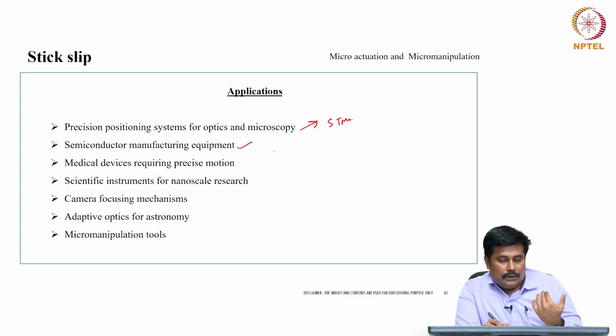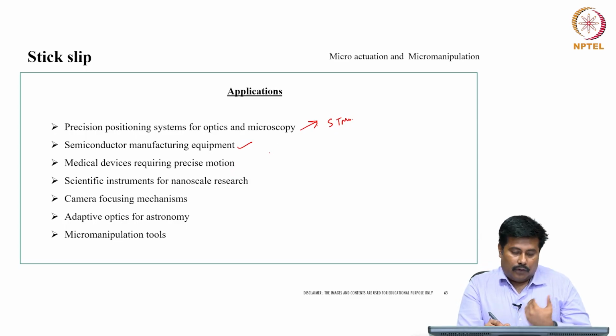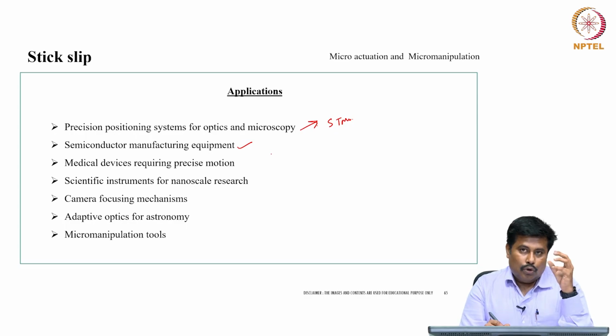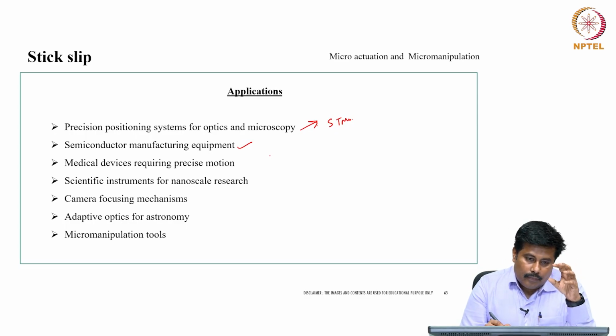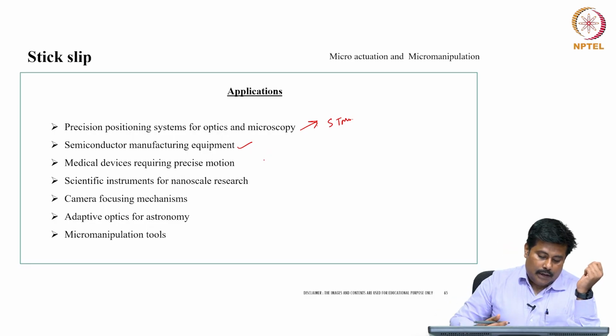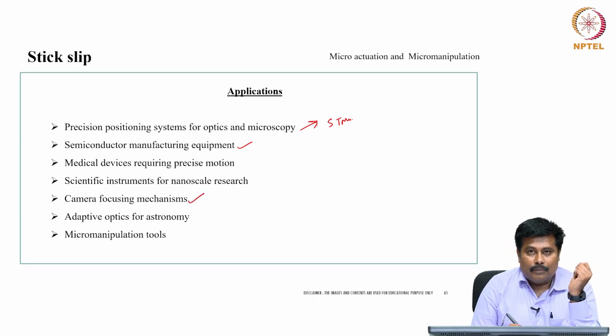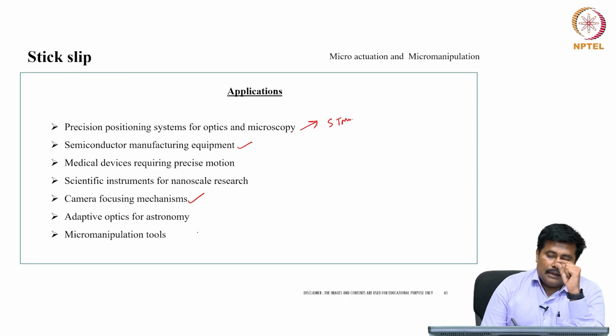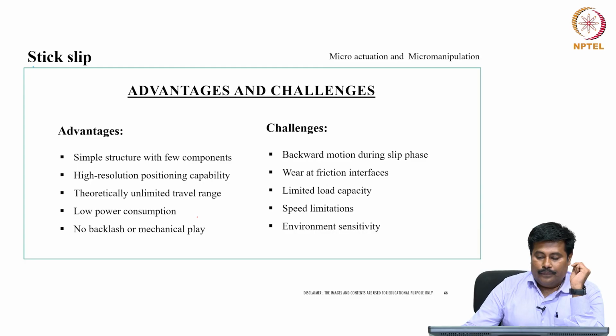In certain cases, it is also used in scientific instruments for nanoscale research. In the area of metrology as well as inspection, it is used for camera focusing mechanisms, and it also has adaptive optics for astronomy and micromanipulation tools.